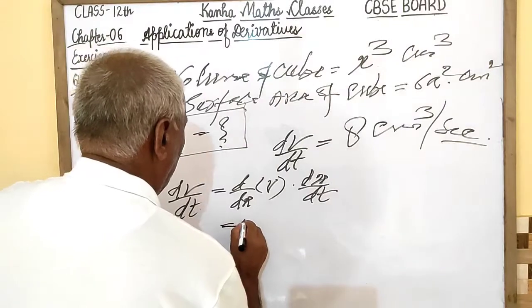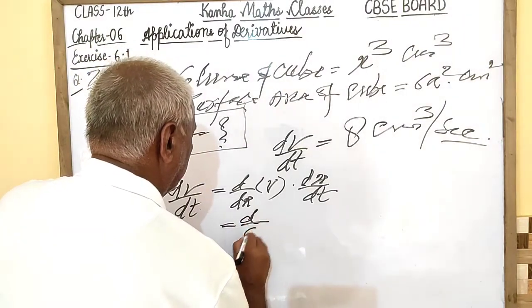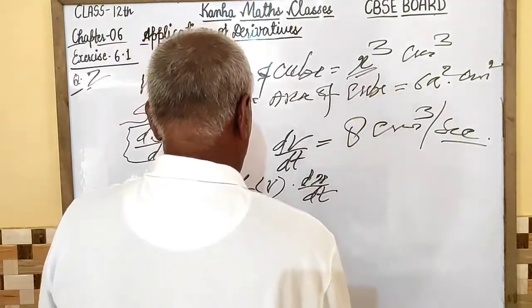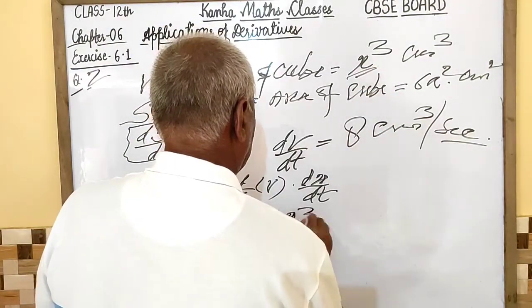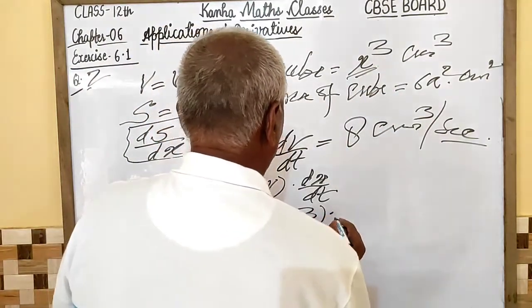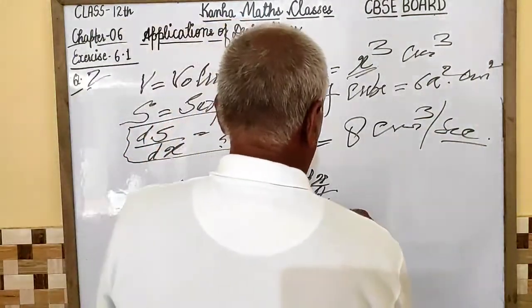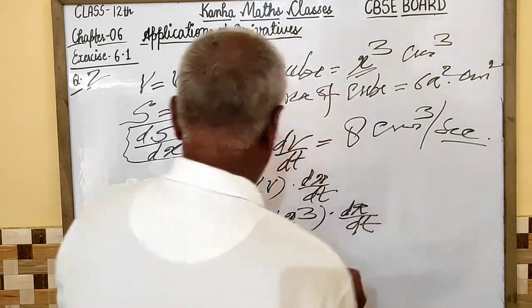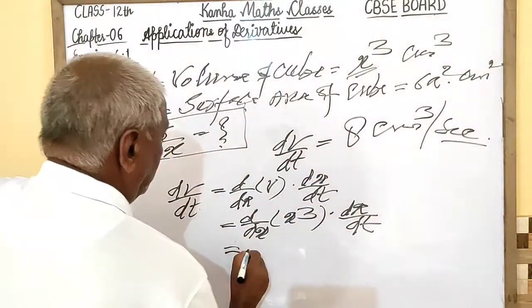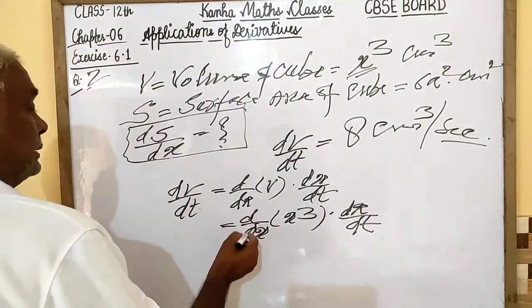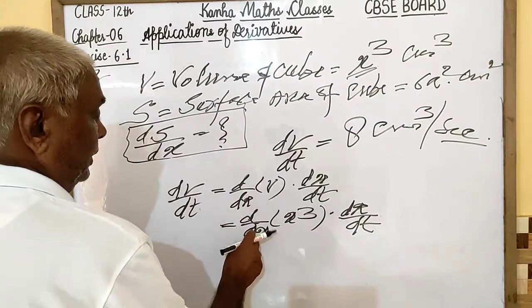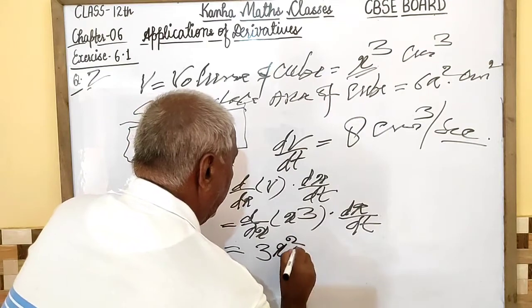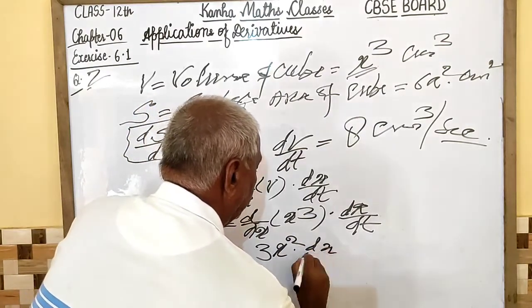Now d dx of V means x cube into dx by dt. You know very well that derivative of x cube with respect to x will be equal to 3x square dx by dt.